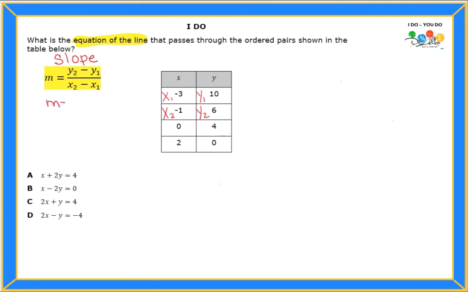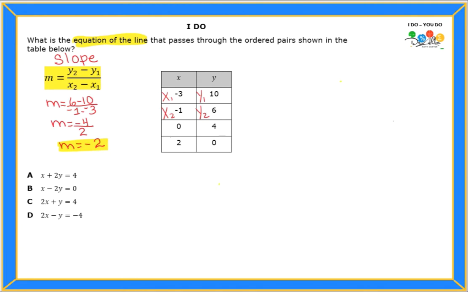So m equals 6 minus 10 over negative 1 minus negative 3. If we subtract 6 minus 10, we get negative 4. And if we subtract negative 1 minus negative 3, it's a positive 2. So m is equal to negative 2. We got the slope already.